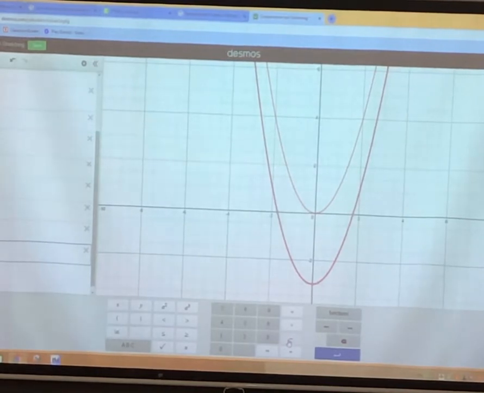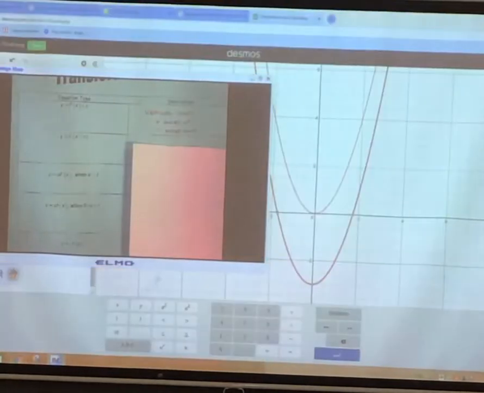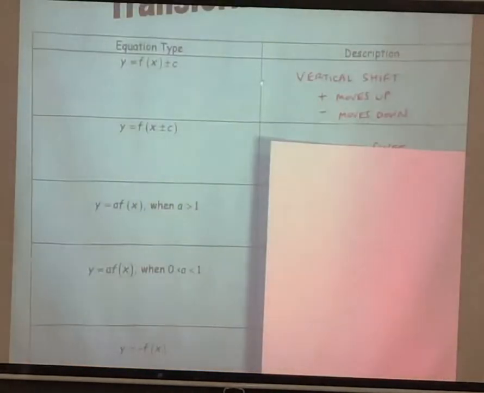Okay, so our first transformation rule is if it's a plus or minus after, it's a vertical shift up or down by the c value. So we put that back up on the screen so you can fill that in. So plus or minus, the c moves it up or down depending on the sign there.